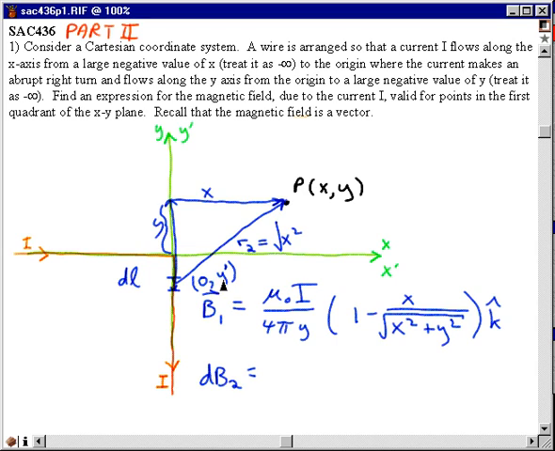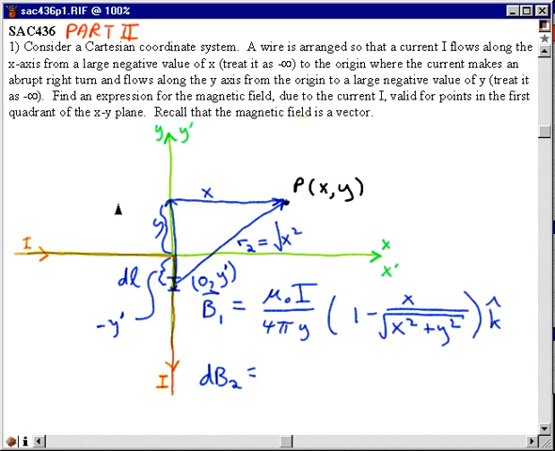And it should be noted that y prime is a negative value because we're always down below the x-axis. So this distance to the wire segment is actually minus y prime. So for instance, if y prime is minus 3 centimeters, then this distance is minus minus 3 centimeters, or just 3 centimeters.